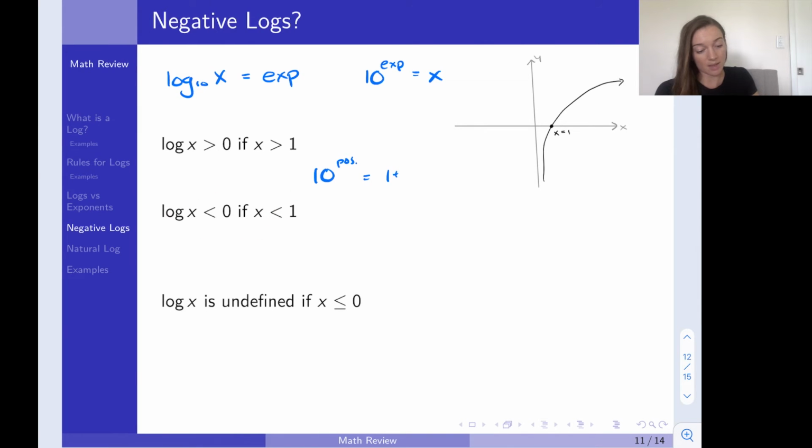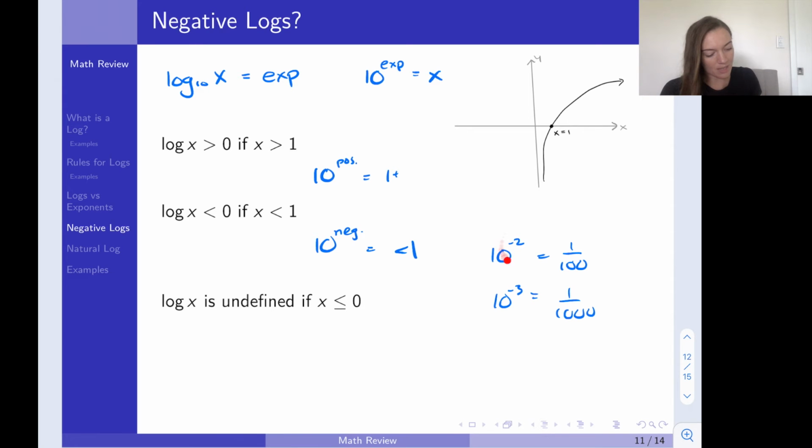And this tells me that if I take 10 or any number and raise it to some negative exponent, I'm always going to get a number that's less than 1. For example, 10 to the -2 is 1 over 100, and 10 to the -3 is 1 over 1,000.